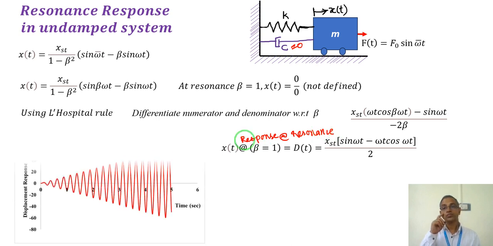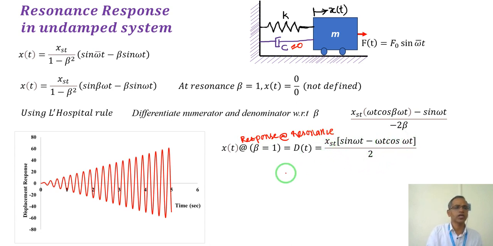So now if we plot this, sin omega t minus omega t cos omega t by 2, taking some values of xst, or we take the ratio x of t by xst, or d of t by xst, what happens? This is the danger that happens when the system is in resonance.